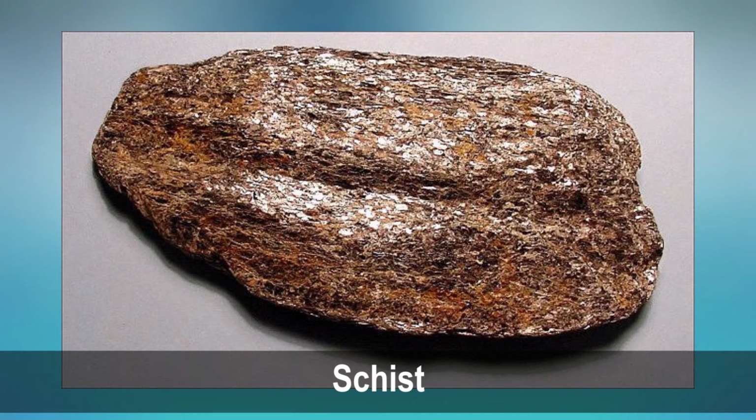This means that they come through a transition from shale to slate to phyllite to schist. Schist is characterized by an abundance of coarse mica mineral grains such as muscovite, biotite, and chlorite. The mica grains are large enough to be seen without magnification. Usually, they can be flaked off with a fingernail.